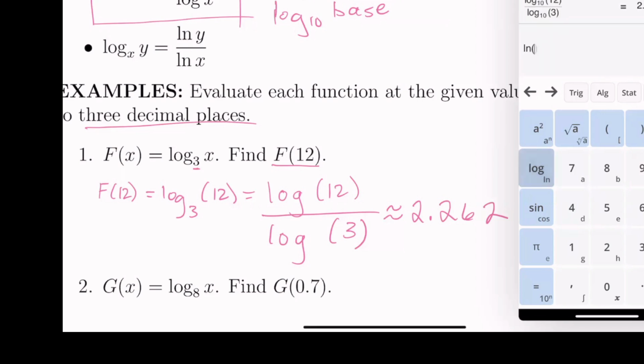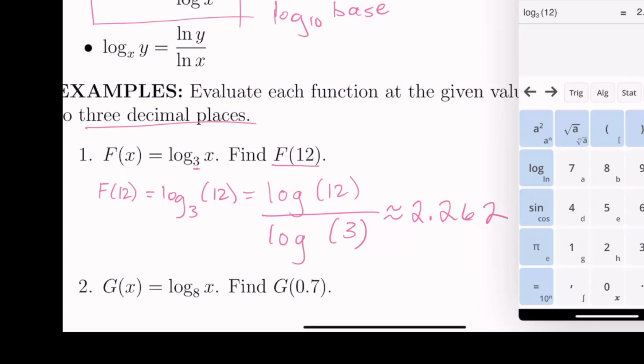If I use ln, I get the same answer. Can I put in log base 3? Yes. I can take log 10, I can hit the back arrow, and I can delete out the 10 and type a 3. But in the amount of time it takes me to do that, I could have just used the change of base formula. All right.